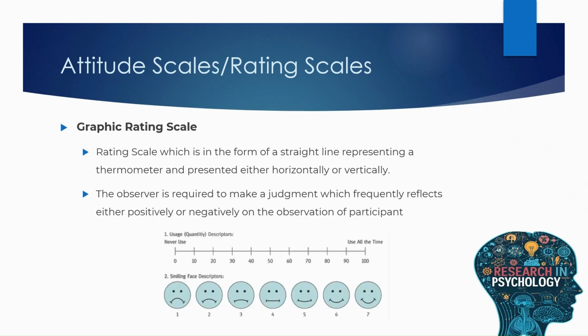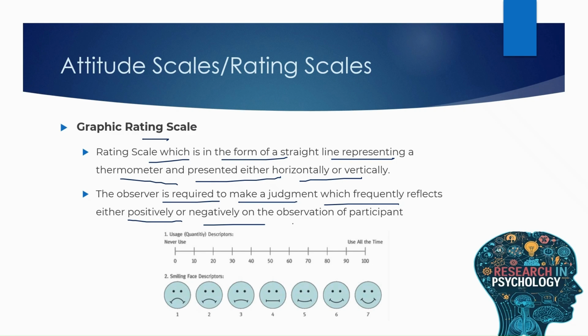And finally, we have the graphic rating scale. Here the rating scale is in the form of a straight line representing a thermometer and presented either horizontally or vertically. The observer is required to make a judgment which frequently reflects either positively or negatively on the observation of the participant.